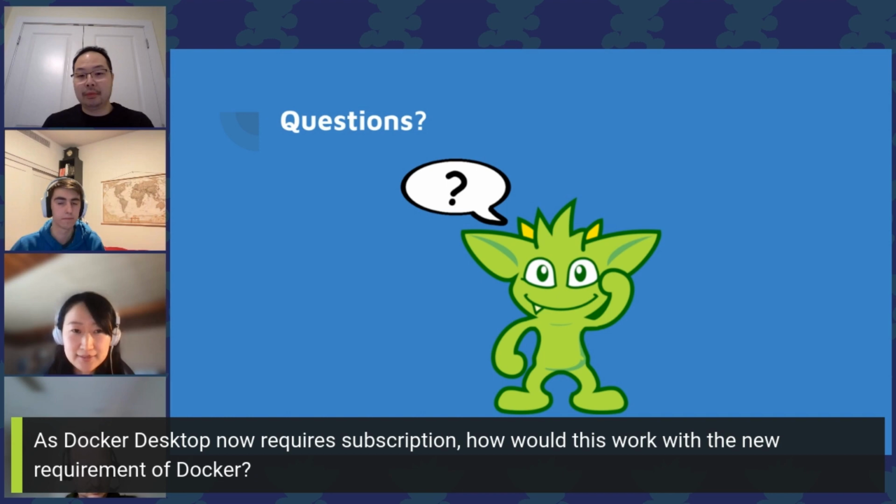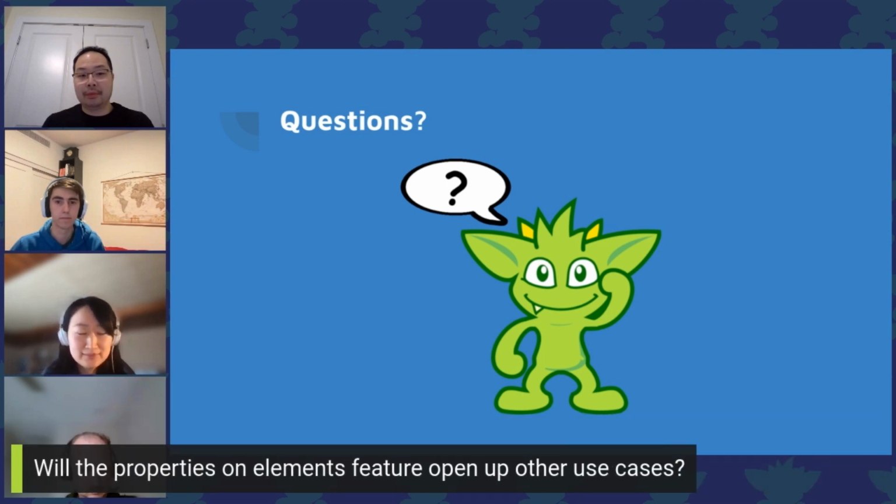Any other questions? Will the properties on elements feature open up other use cases? Out of the box, properties on elements will simplify some development because you can just get properties on elements.